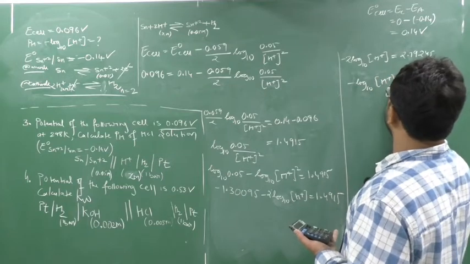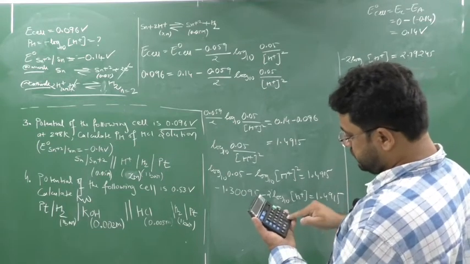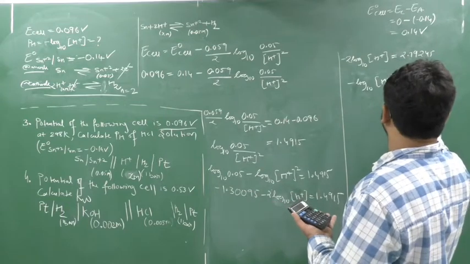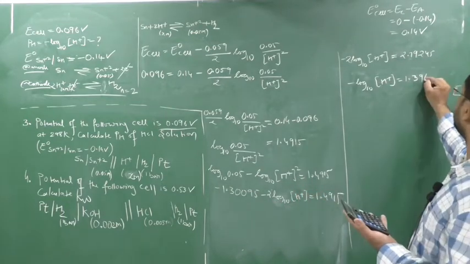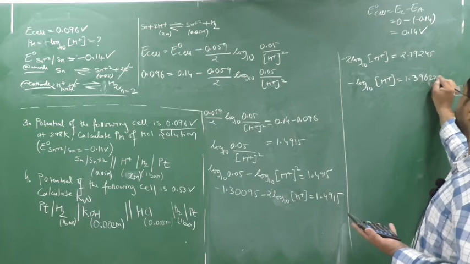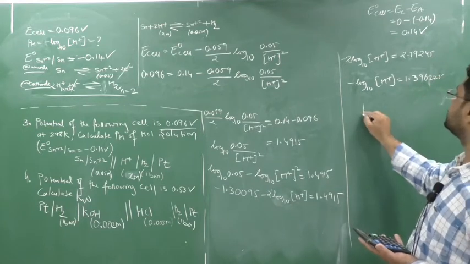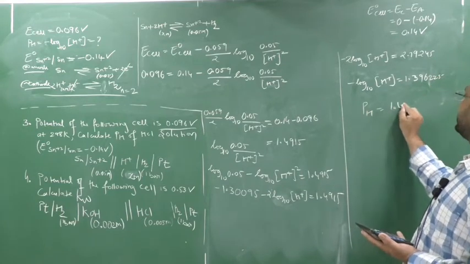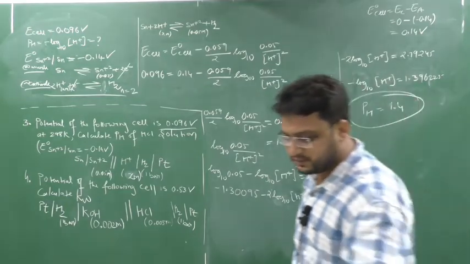I will divide by this 2, so divided by 2 gives 1.396225. Minus log to the base 10 of H+ itself is called pH. So 1.4 will be the answer.